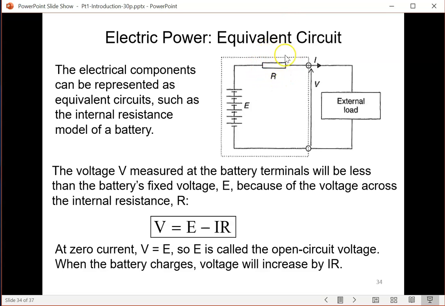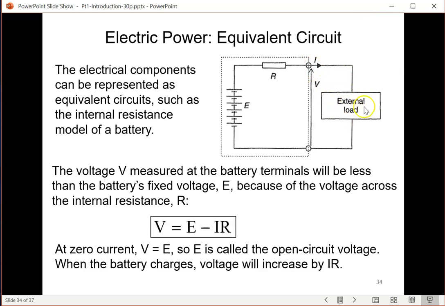I squared R is the power lost in the internal resistance. The voltage output, if you know the resistors here, that will be I squared times this resistor. That would be the power of the output node.